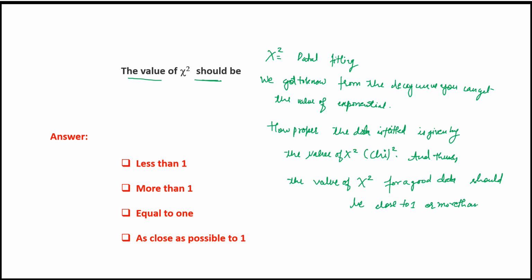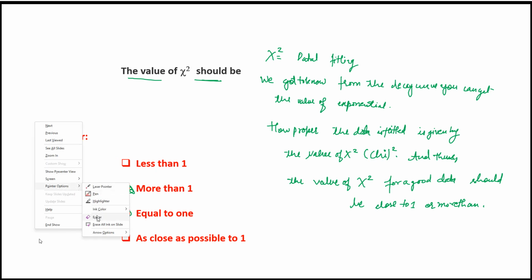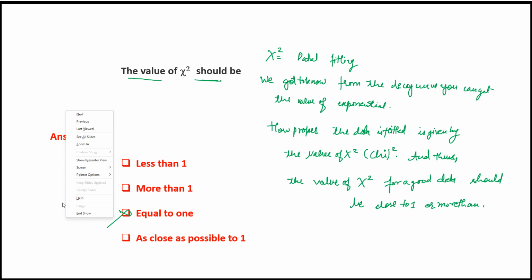But it cannot be less than 1 or equal to 1. So these two options are incorrect while, oh sorry, this option, I'll just rub it. So more than 1 it can be, it cannot be less than 1, but it can be close to 1. Okay. So this was the second question.